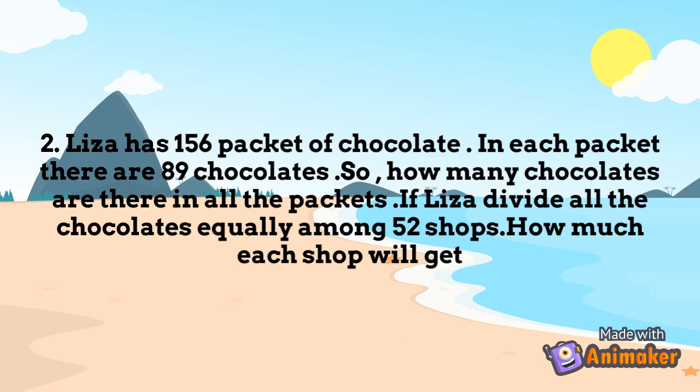Then the second question: if Lisa divides all the chocolates equally among 52 shops, how much will each shop get? After multiplying 89 by 156, we need to divide the answer by 52 shops, and that's the amount each shop will get.